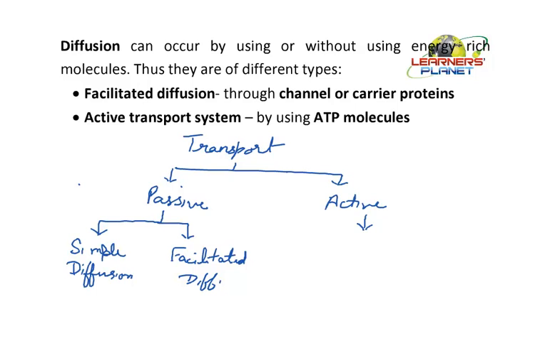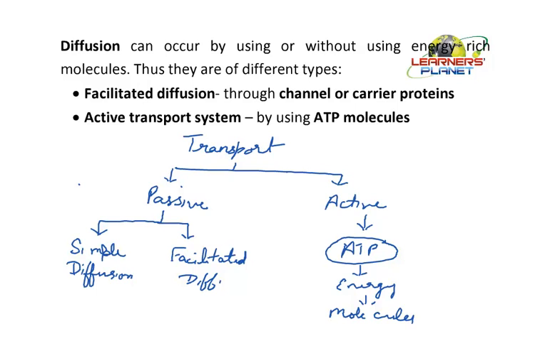Transport can also occur against the concentration gradient by using ATP molecules. So in this, energy-rich molecules are utilized. They break down and provide energy for the movement of molecules from a region of even lower concentration.